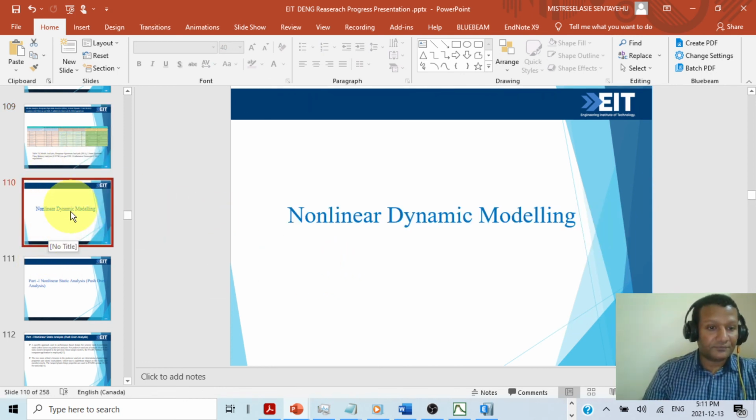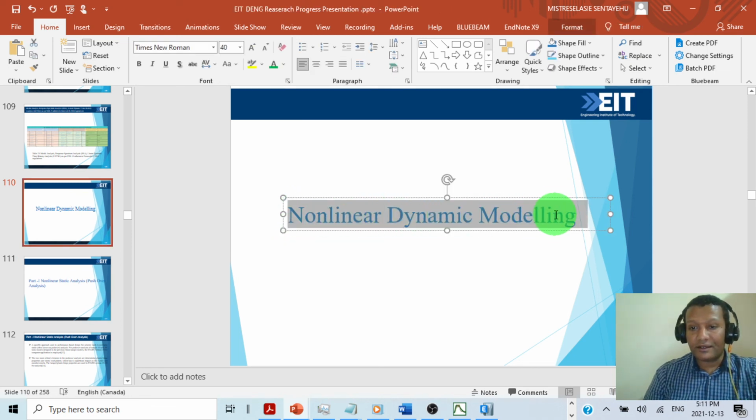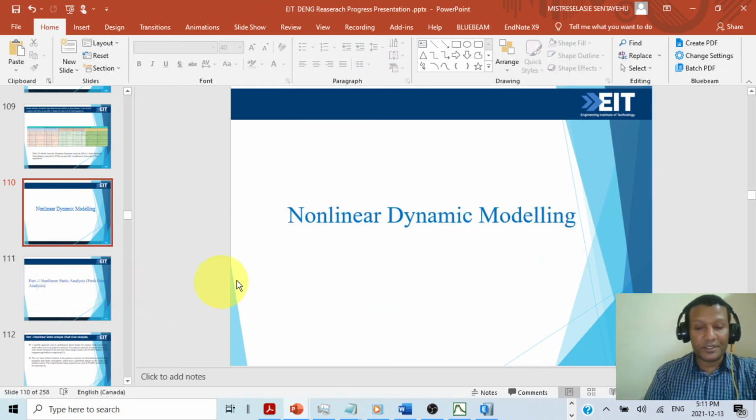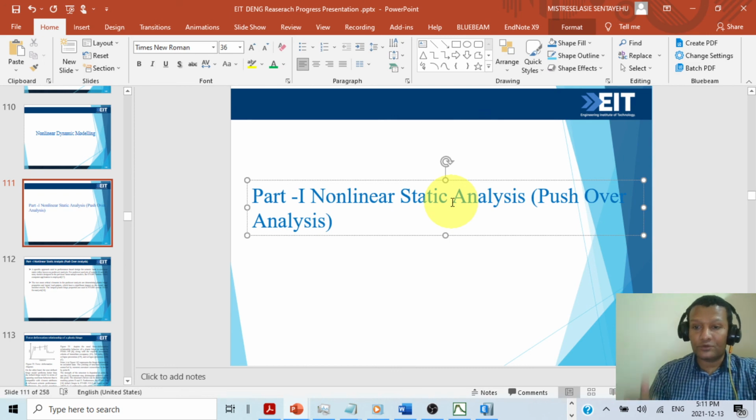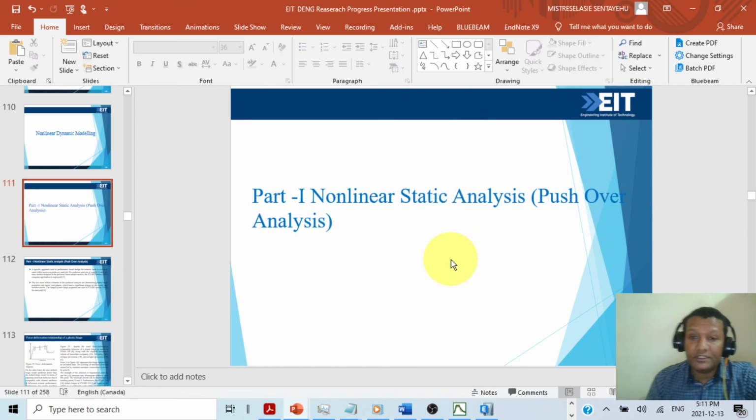And the next part will be non-linear dynamic modeling. This will be the fourth part of the video, for pushover analysis. We will see what pushover analysis is, what kinds of pushover analysis there are, and how to make our model. Until now we were working with a linear model, so we have to see how to change it into non-linear.